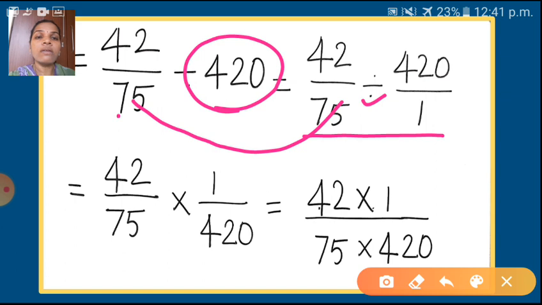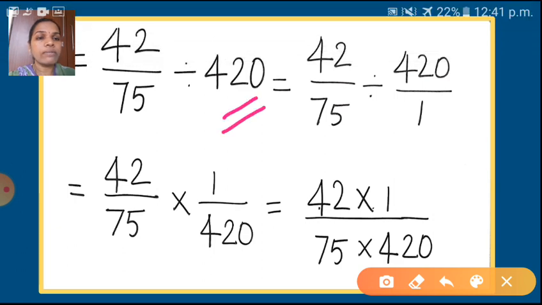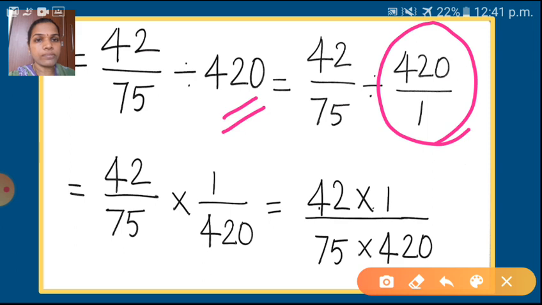This integer we should write in fraction form. So what will come? Yes, 420 upon 1. I already told this, isn't it? If it is a given integer, what is the denominator? The denominator is 1. So this 420 we can write as 420 upon 1.